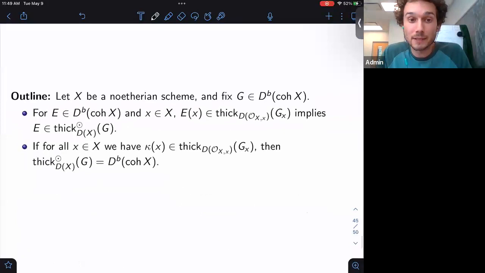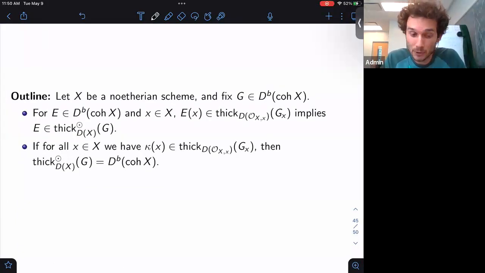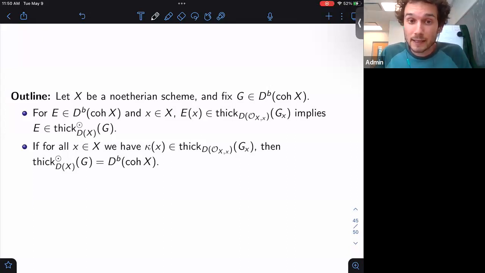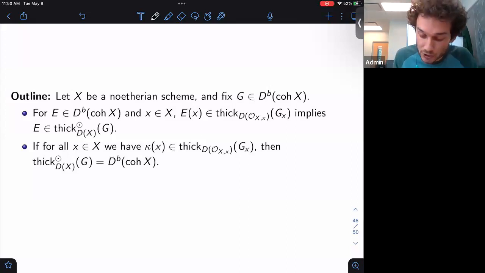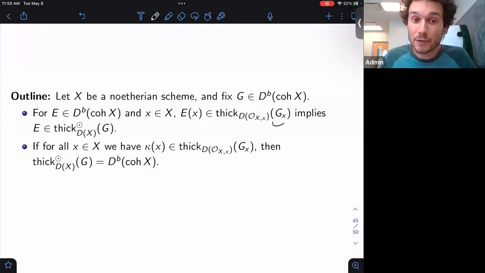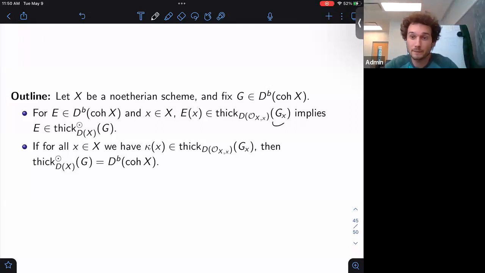Okay, so the outline is as follows. Let X be a noetherian scheme, and let's fix an object G inside D^b_coh(X). What we showed is for any E, if for any point x inside my scheme, E(x) being generated by G(x) locally implies E sits inside thick_⊗(G). Again, thick_⊗ is the smallest thick subcategory of G which is closed under the Perf action.